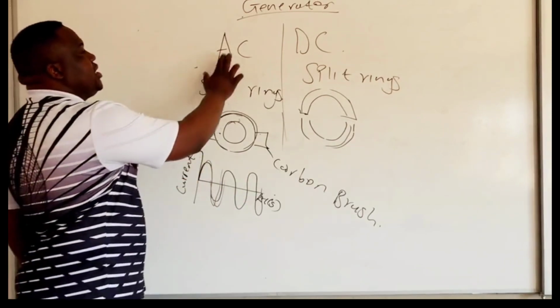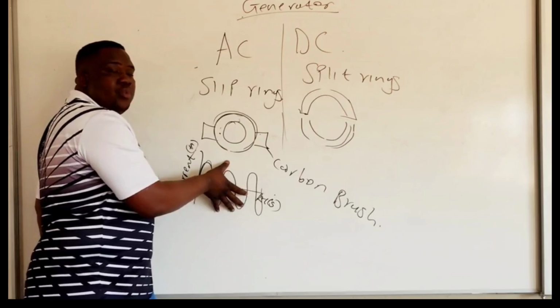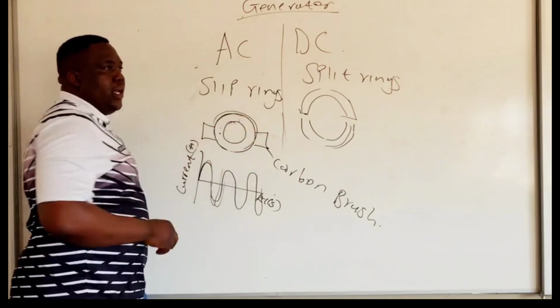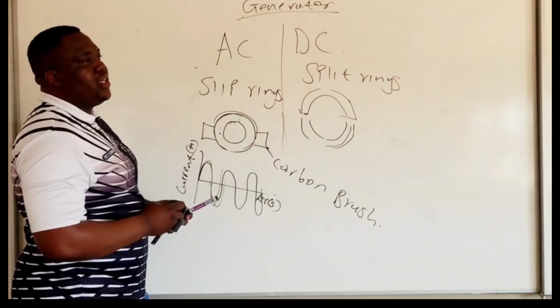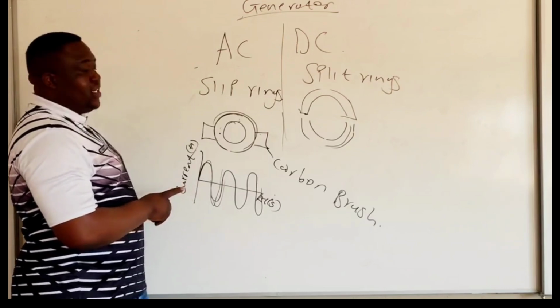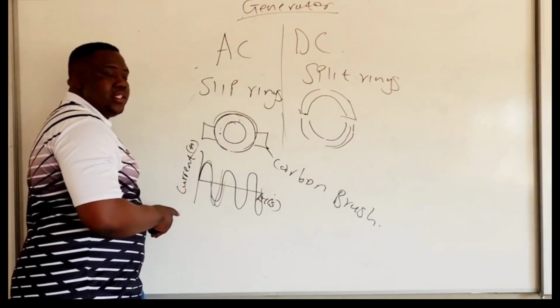This is alternating current. What causes current to move up and down? It is because of the slip ring. That is the main function of the slip ring.